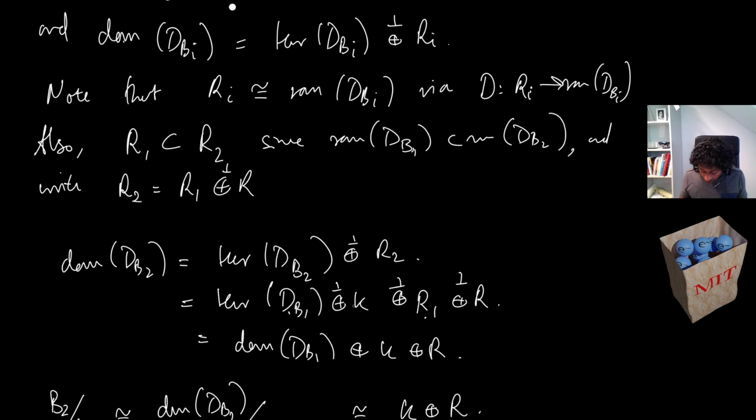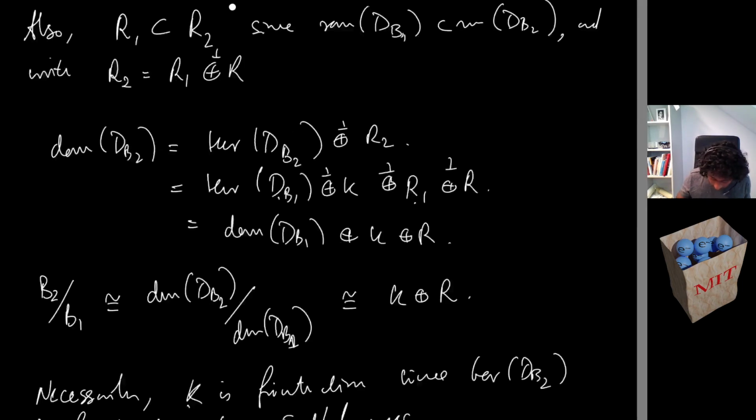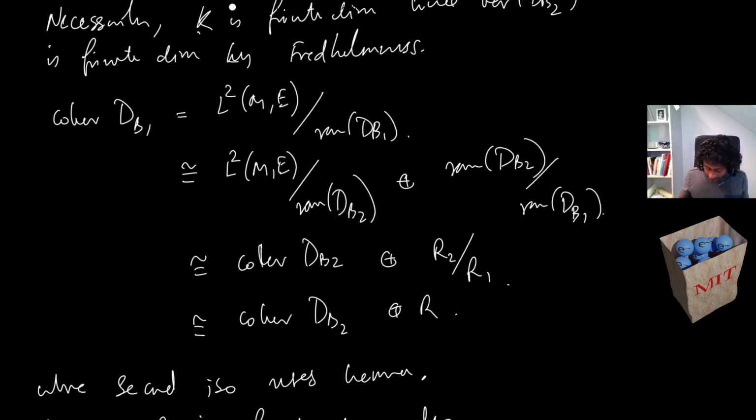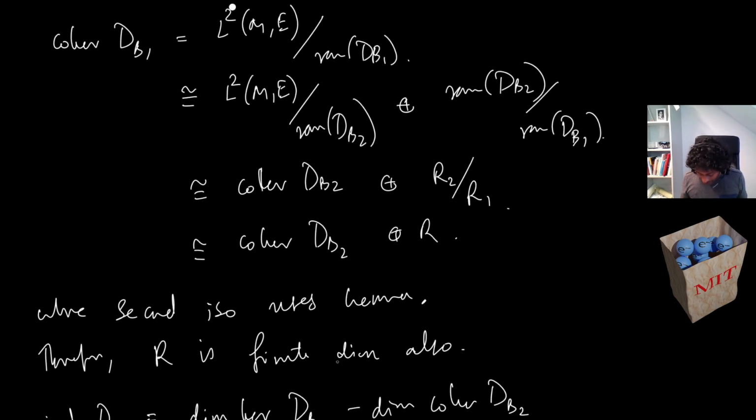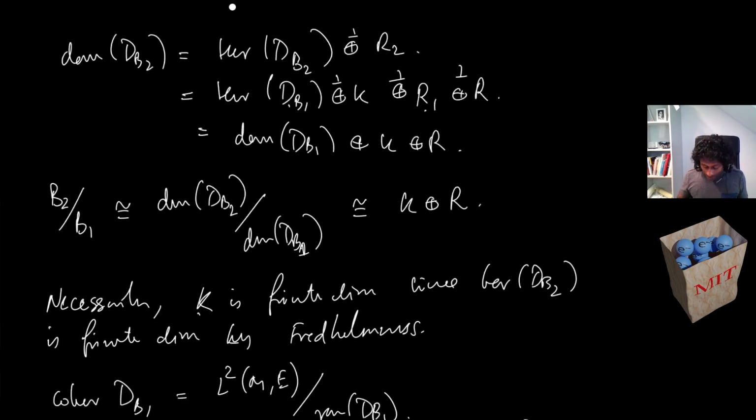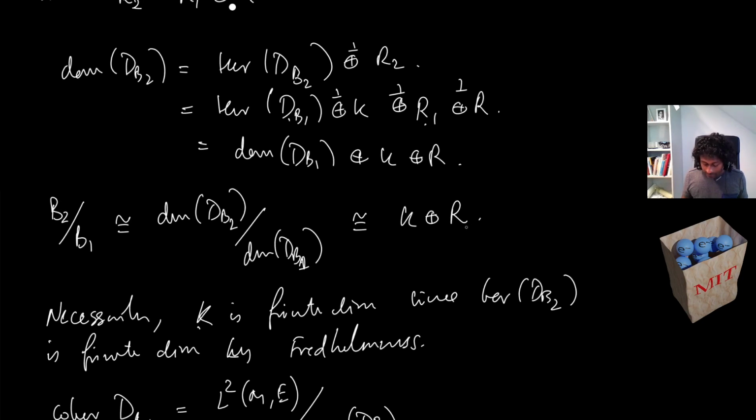Because we're writing dom dB2 as the kernel of dB1 plus K, it means that K has to be finite dimensional. For the finite dimensionality of R, it's the co-kernel, right? So it's from this calculation that we get that R is finite dimensional. So now we have the sum of two finite dimensional spaces, and that means that B2 mod out B1 necessarily has to be finite dimensional.